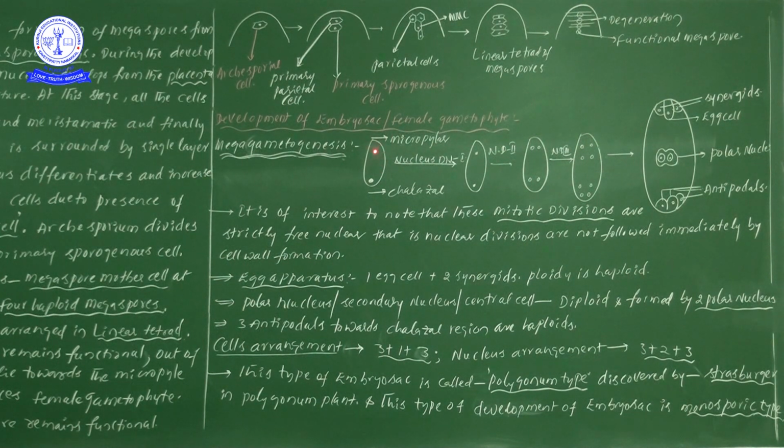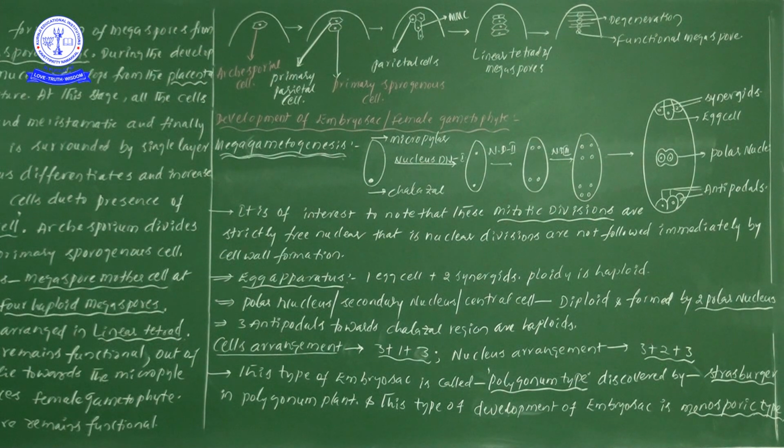Now you see, the explanation is easy. Towards the micropyle region there are no cells, and towards the chalazal region there is one functional megaspore nucleus, not a cell, a nucleus. Here it undergoes free nuclear divisions. What does free nuclear division mean? In cell division there are karyokinesis and cytokinesis, two types. Karyokinesis is division of the nucleus, and it is normally followed by cytokinesis. But free nuclear division means we observe only karyokinesis, not followed by cytokinesis.